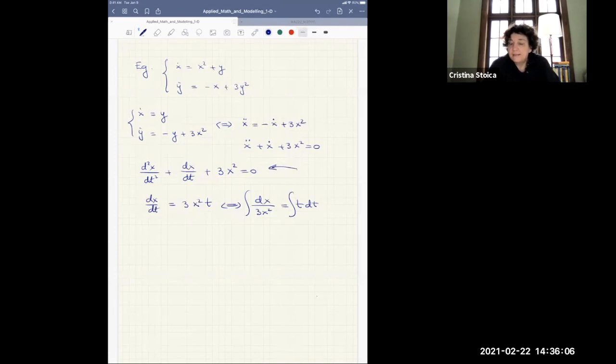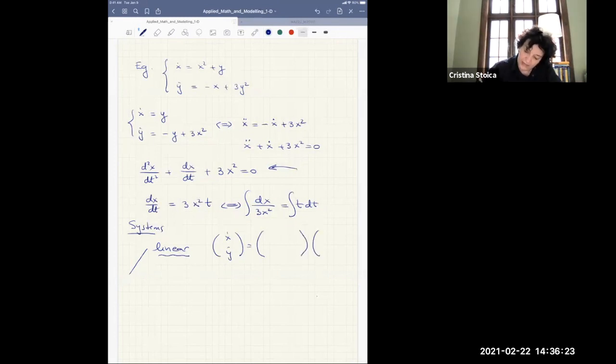All right. So we have systems that are linear. Here I'm going to write systems, and we have the linear ones. The linear ones are the ones that can be written with a matrix with numbers in it. So here, something like, I don't know, 2, 5, 3, 1.